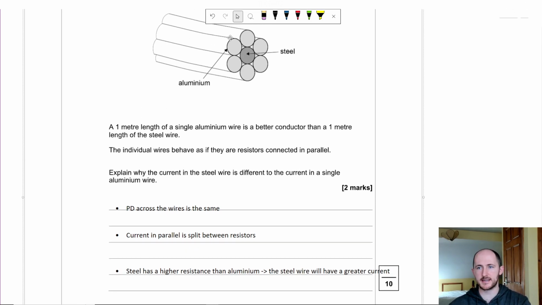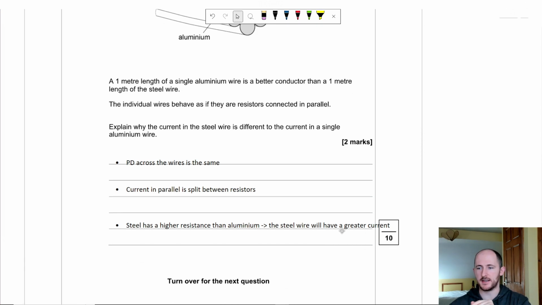And when you split current in parallel circuits, the bigger the resistance, the more of the current it will get. Actually, just quickly changing this, it should have a lesser current. Sorry, I just have less current. Because again, when you have V equals IR, V is the same.